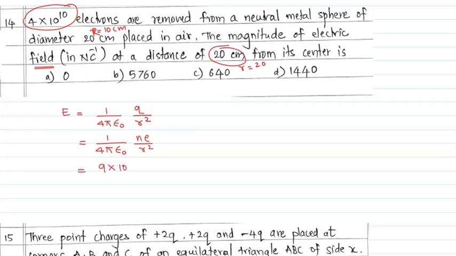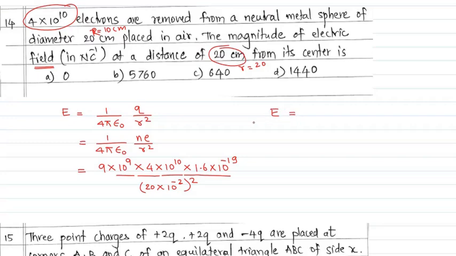So 9 into 10 raised to 9, number of electrons 4 into 10 raised to 10, electron charge 1.6 into 10 raised to minus 19, divided by r square. r is 20 centimeters, so 20 into 10 raised to minus 2 bracket square. So centimeters I have converted into meters. So now simplify. You will get the magnitude of electric field.